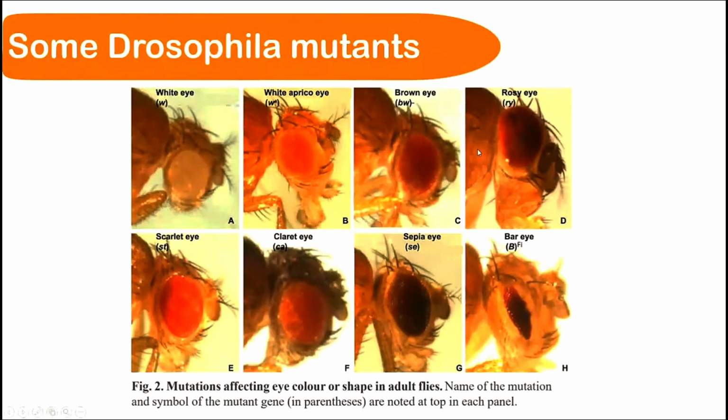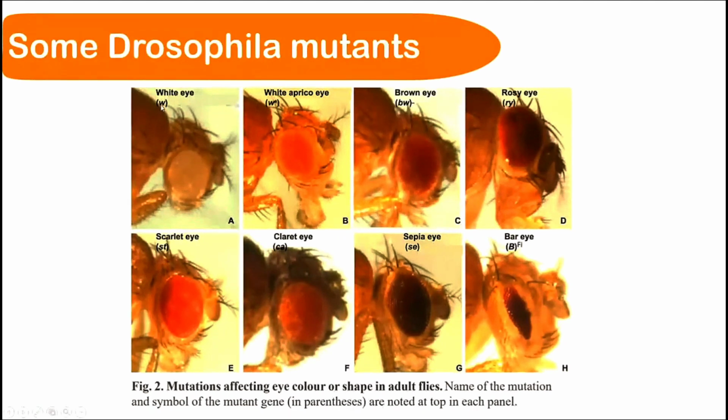Though it is very easy for me to say over here, you see very small variations in the color. This is scarlet, slightly bright, scarlet eye mutant. Then this is claret eye mutant. This is sepia, which is quite identifiable. Then this is bar eye, just like a rod. So bar eye mutant. All of these are mutants with respect to phenotypic changes in the eye.